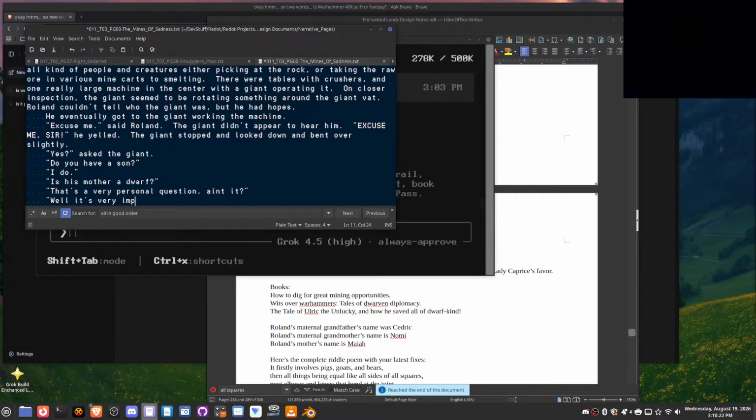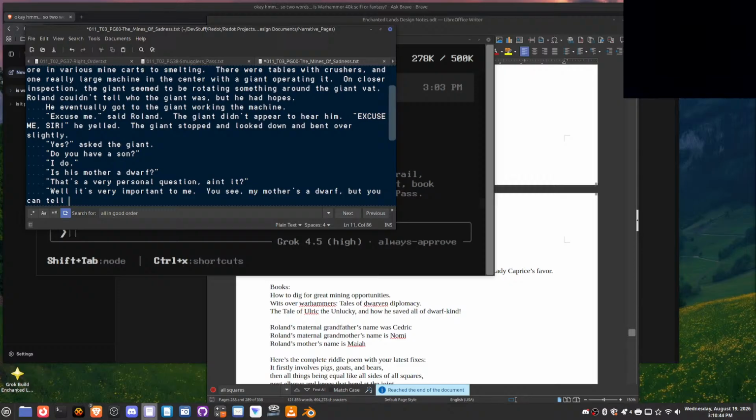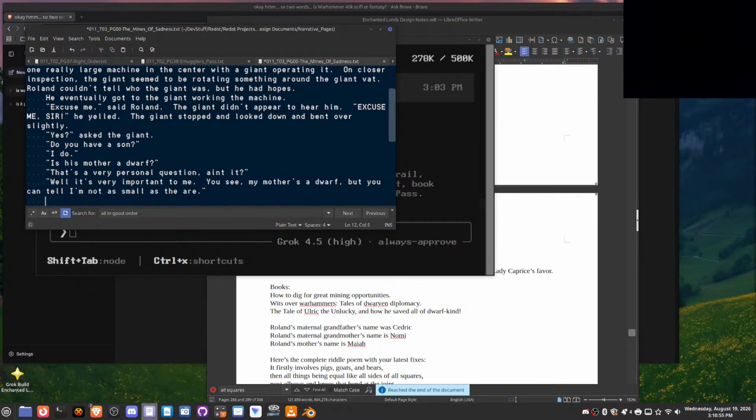It's very important to me. See, my mother's a dwarf, but you can tell I'm not as small as they are."